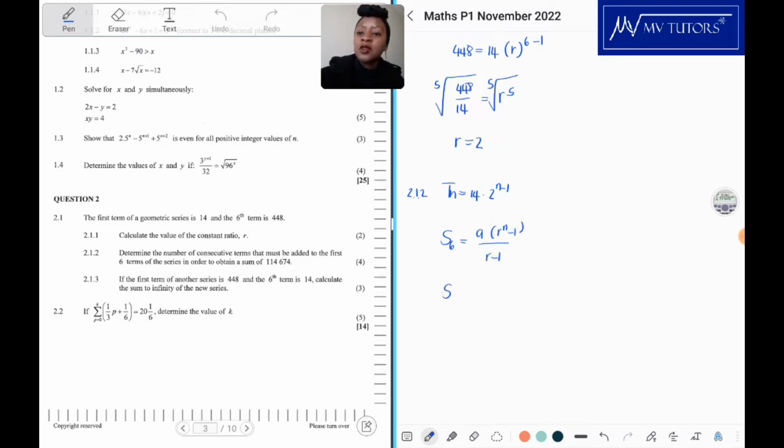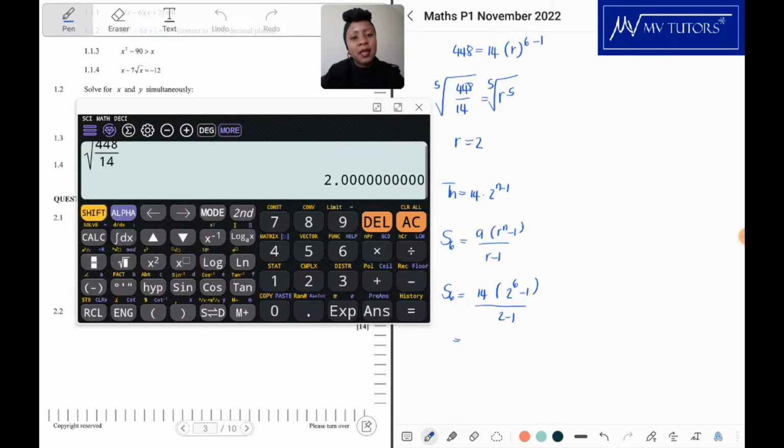So that is a r to the power n minus 1 divided by r minus 1. Okay, so for the first 6 terms, we know that a is 14, r is 2, and n is 6. Now if we work that out, we'll get the sum of the first 6 terms.